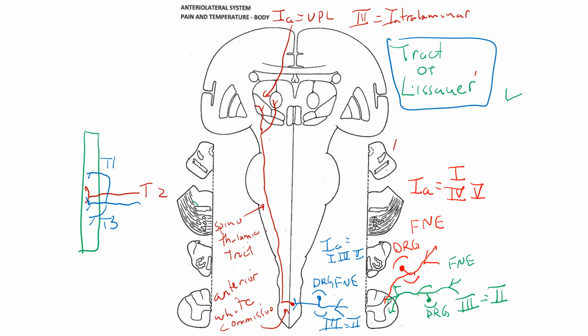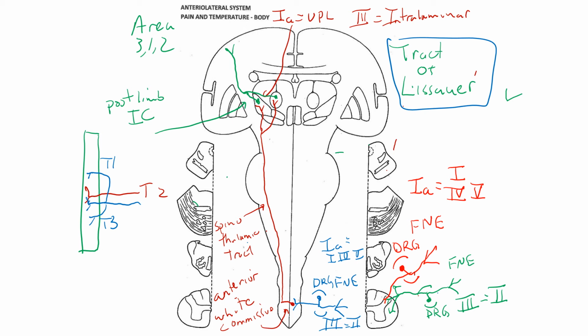And then finally, we have our third order neuron. The third order neuron is going to come out of one of the two nuclei of the thalamus. It is then going to ascend through the posterior limb of the internal capsule, where it will project to area 312.